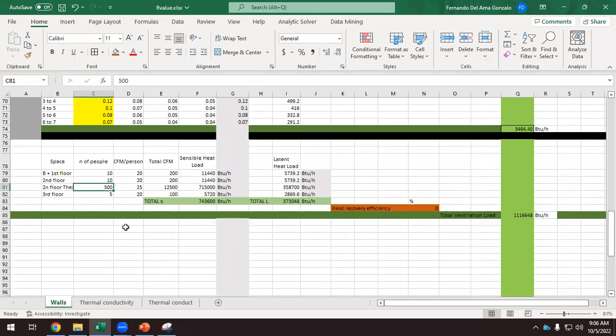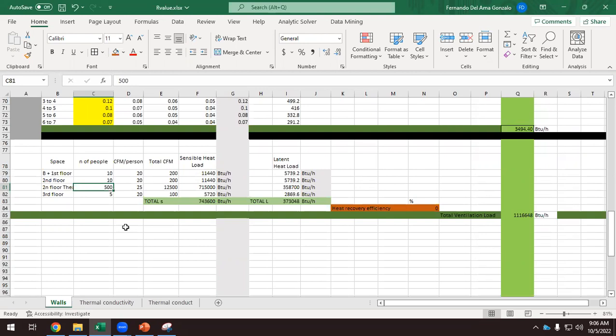it's incredible. Okay, so we tend to think that the envelope matters more than ventilation. It's not like this, especially in commercial buildings. In this building, most of the heat load comes from ventilation, because we need to renew the air. We have a lot of people in this classroom, in the workshop, in the chemistry lab, in the studio.